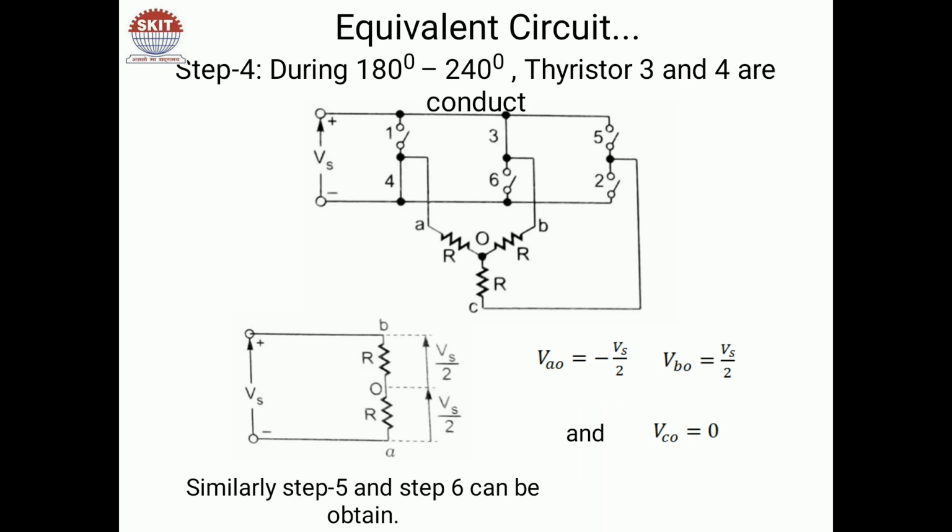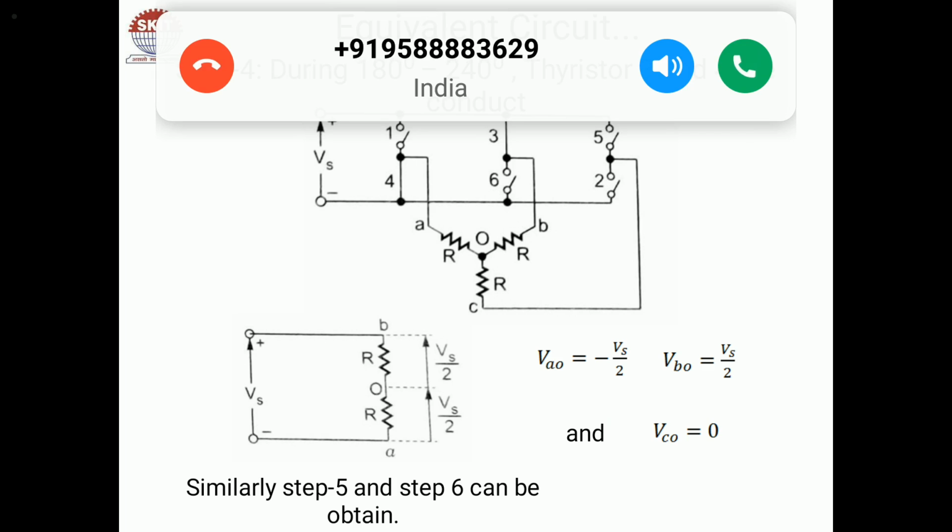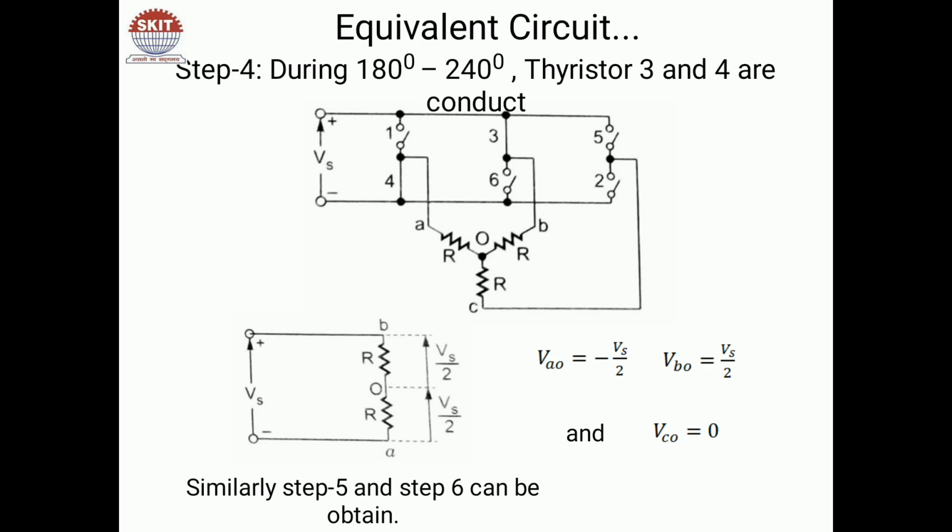This is step 4. From 180 degree to 240 degree is step 4. In this step, SCR T3 and T4 will conduct and nothing conducts from leg 3. So we can make the equivalent circuit diagram. So this is the equivalent circuit diagram for step 4.